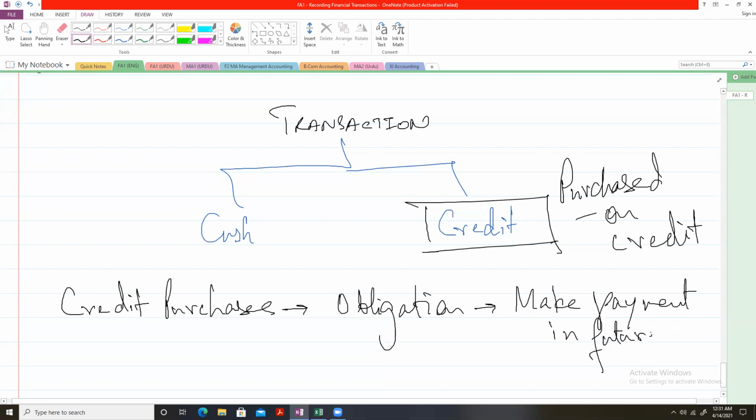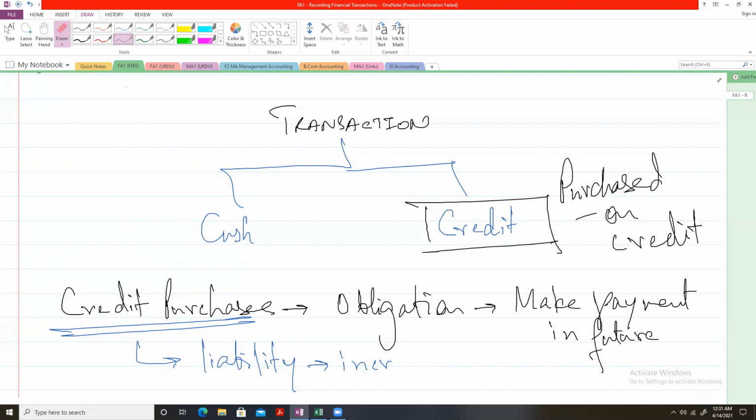So the point that I am trying to make here is that as a result of a credit purchase, a liability will arise, or you can say liability will increase in the business.